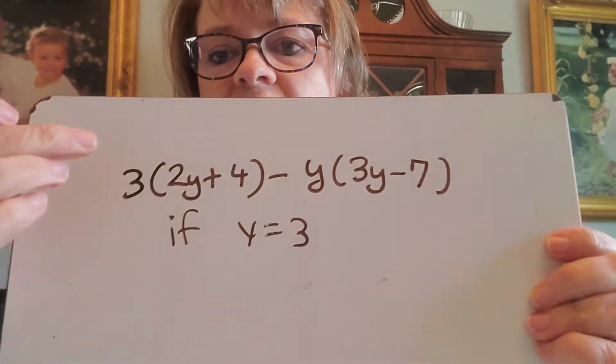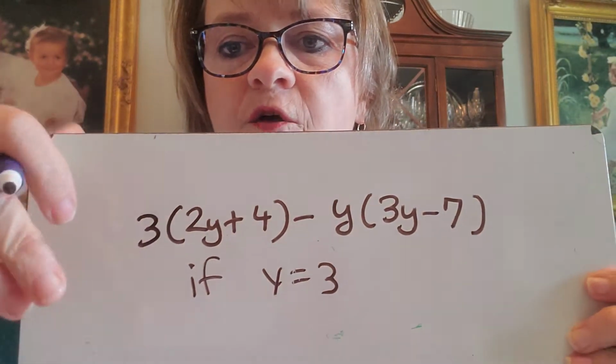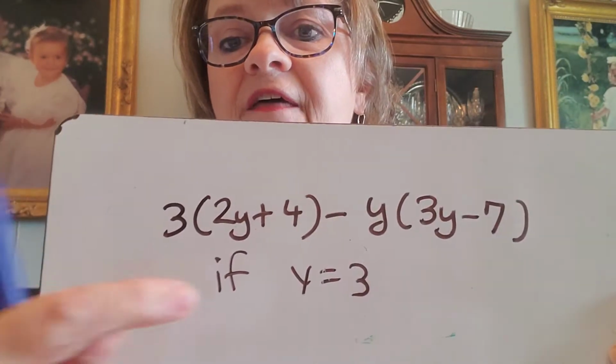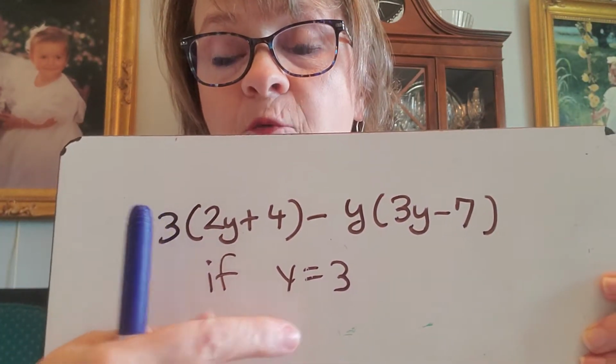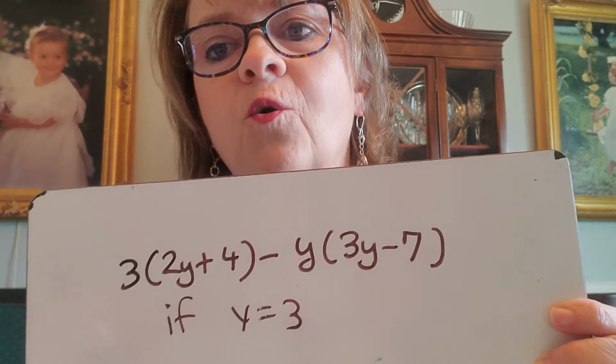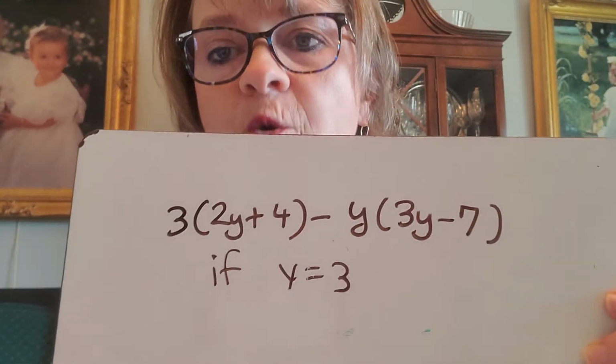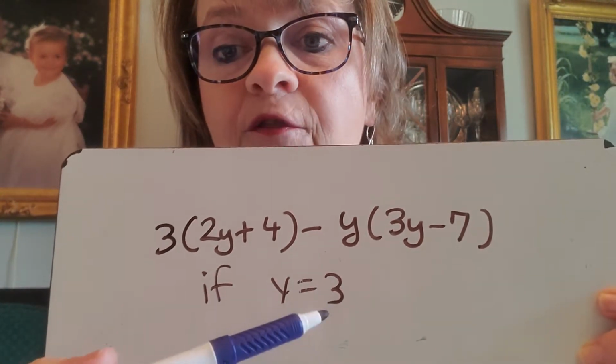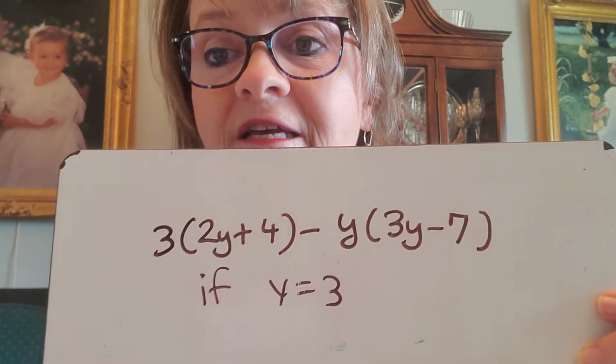Okay, so the next thing I want to review with you is these. So if you have an expression like this that has all these variables in there, and they tell you what the variable is, and they want you to evaluate or to simplify it, you all know that that means to go ahead and put this 3 in all of the y spots.